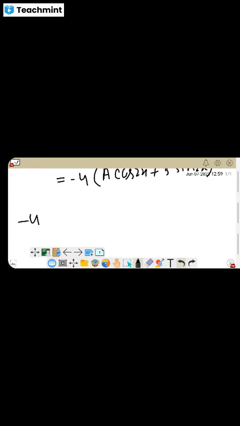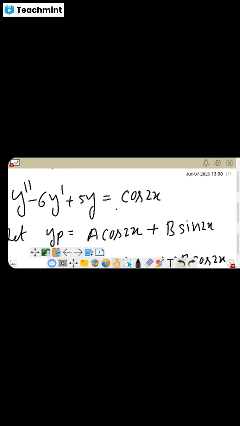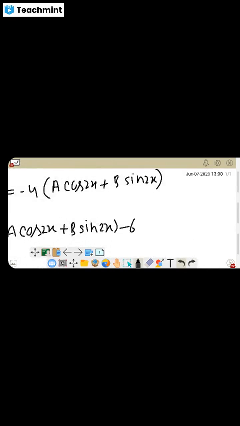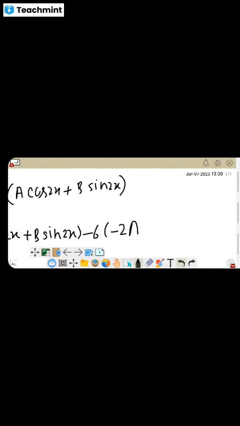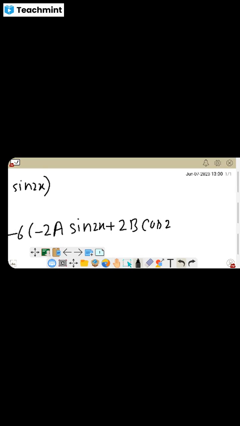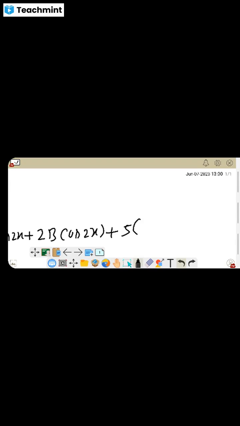So we are using minus 4 into a cos 2x plus b sine 2x, and then minus 6 into y dash, which is minus 2a sine 2x plus 2b cos 2x, and plus 5y, where y is a cos 2x plus b sine 2x.